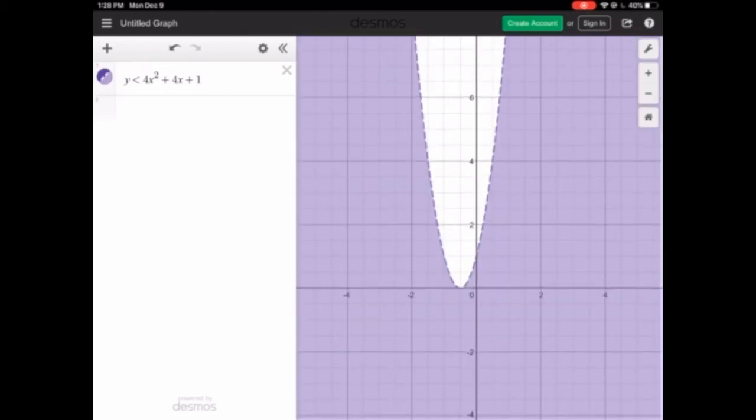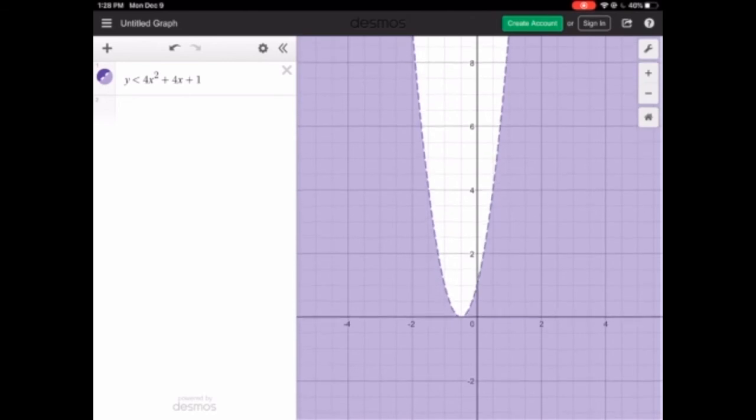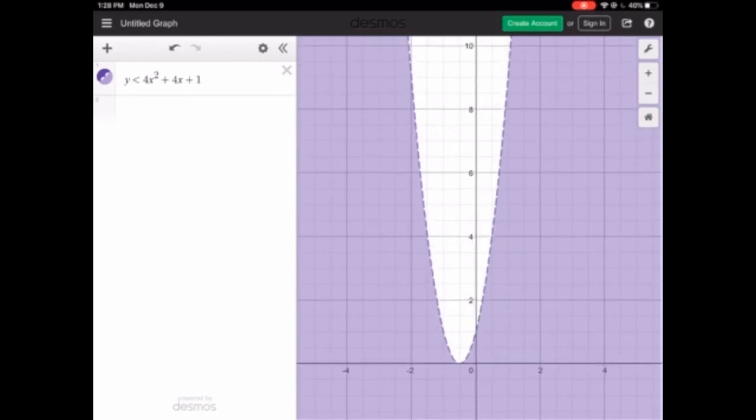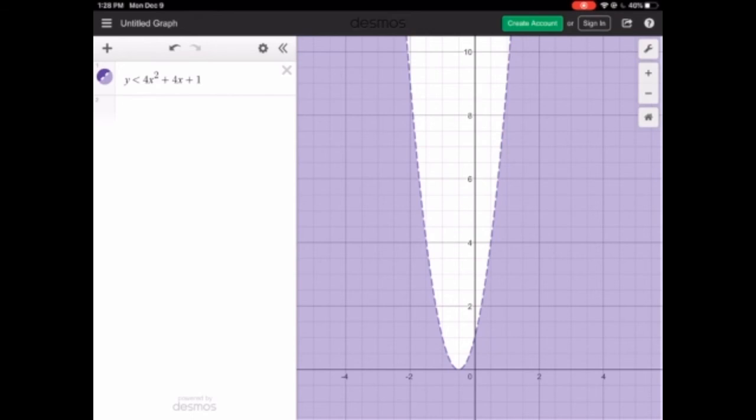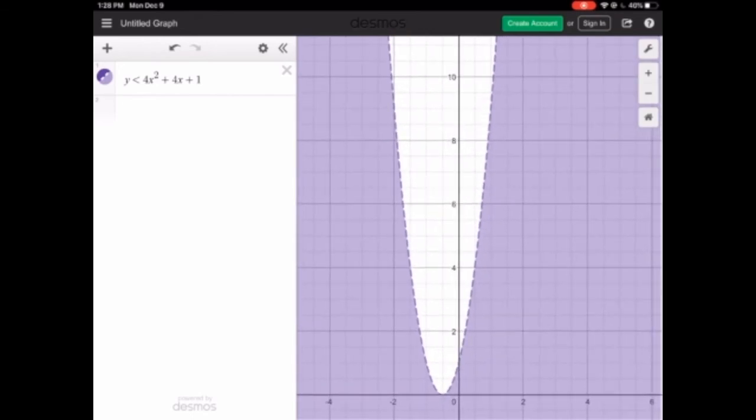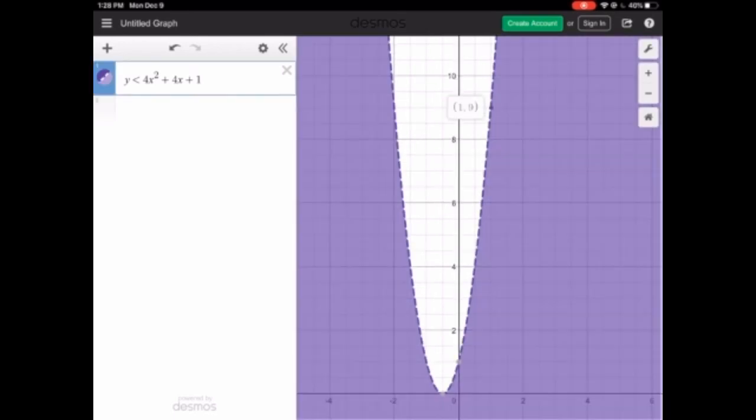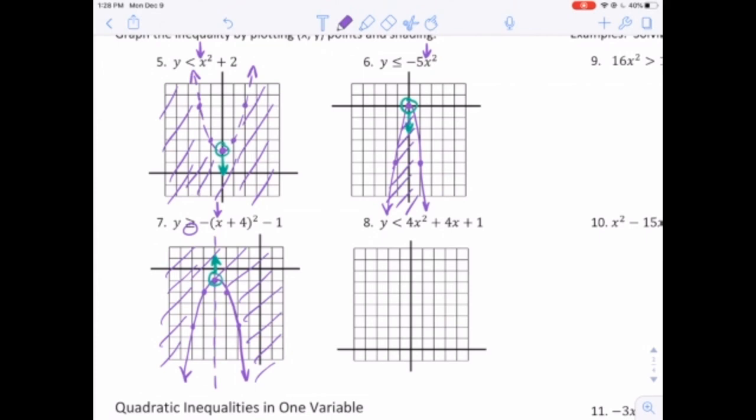I need a third point, so I'm going to scroll up here until I find another point. So I already have 0, 1. I can look up here. Looks like at 1, I'm at 9. So 1, 9 would be another point that I could use. All right, so we have our vertex kind of halfway in between, remember, that was at 0.5.